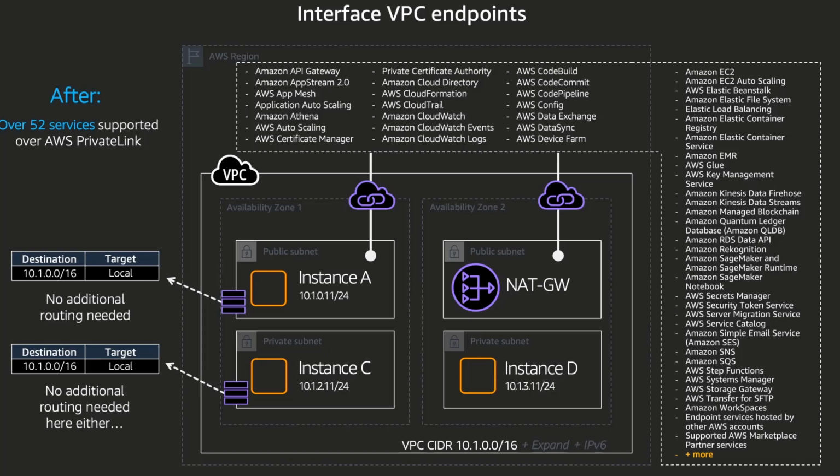You've seen this kind of shift away from all of these public services and having to have an internet gateway, to privately connecting to all of these services from within your VPC using PrivateLink-enabled endpoints. We also released endpoint policies as well, so you can add a little bit of policy control around the endpoints and who can talk to services and that sort of thing.